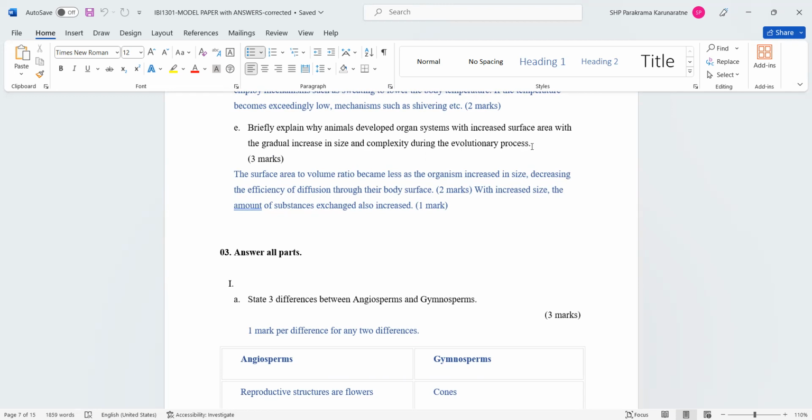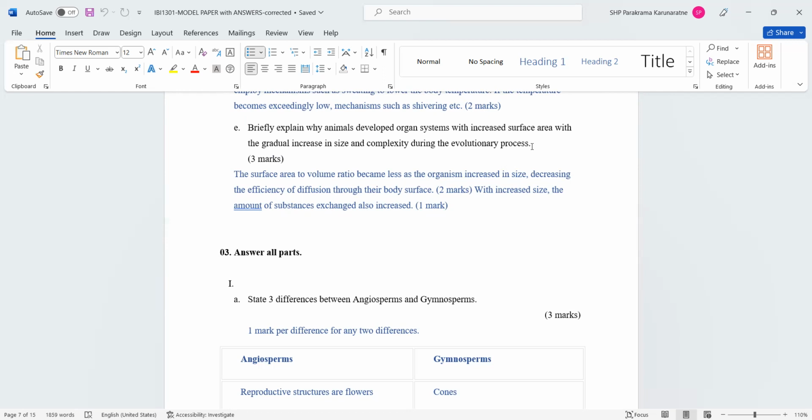I showed you the diagram or the pictures also, because when animals get bigger and bigger, you know, when a ball is getting bigger and bigger, if you consider the volume and the surface area, the volume increases in r to the power 3, whereas the surface area increases in r to the power 2. So comparatively, when the body increases in size, the surface area becomes lower and lower compared to the volume, compared to the body mass.